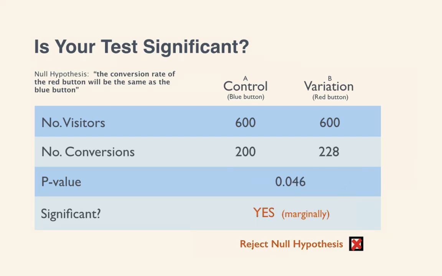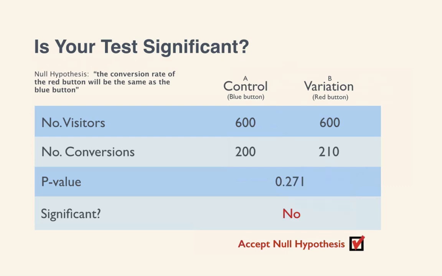In this example, we now have only 228 people who click and convert on the red button, and the p-value has shot up to 0.046. Now this is only a marginal significance, so it's just below the 0.05. But we can still reject the null hypothesis, although we're a little bit more undecided really, and we'd have to put our concerns in the evaluation.